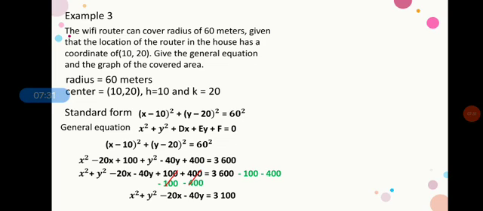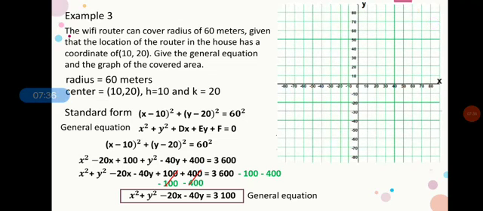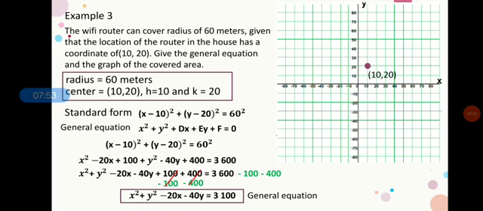Ano naman itsura niyan kapag ginraph natin? So, ang gagamitin natin dito is by 10, no? First, we have to locate the center. Nasaan ba yung ating router? Nasa 10, 20 daw. Yon. 10 kay x, 20 kay y. And then, 60 meters daw yung ating radius. So, that means that is equivalent to 60 units.